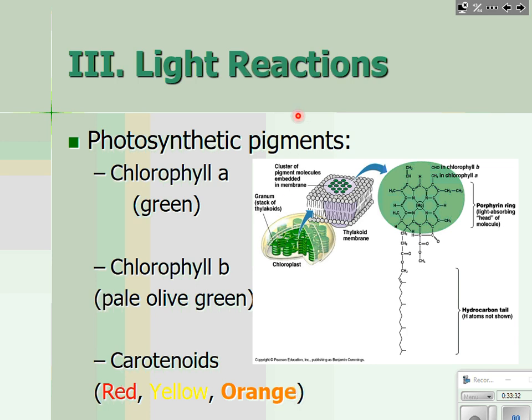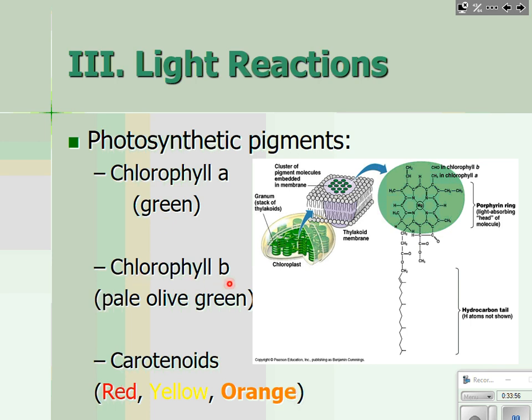So the pigments that make photosynthesis possible, there are several of them. The primary pigment is chlorophyll A. You can see right here it's a magnesium-containing pigment molecule, very complex structure. It's sort of a dark green color, and this is what gives the leaves of most plants their green color.